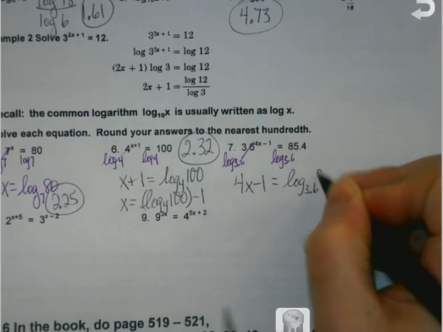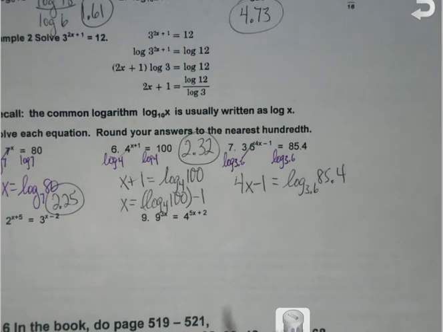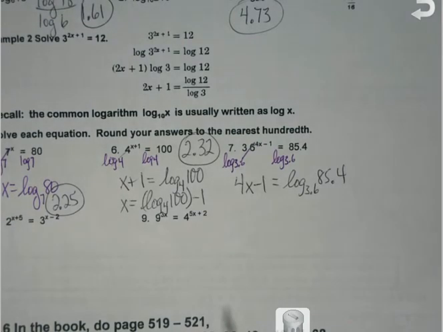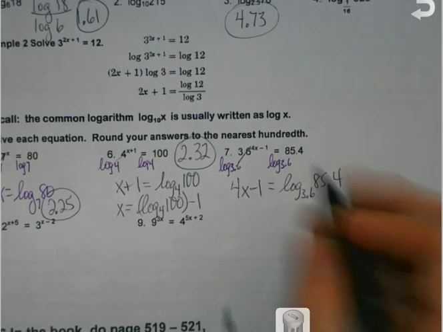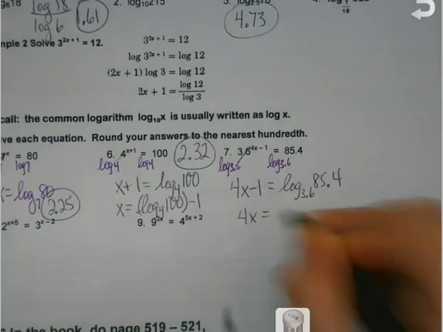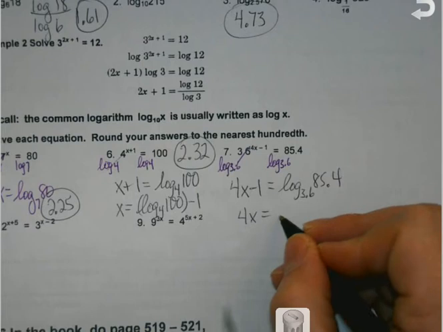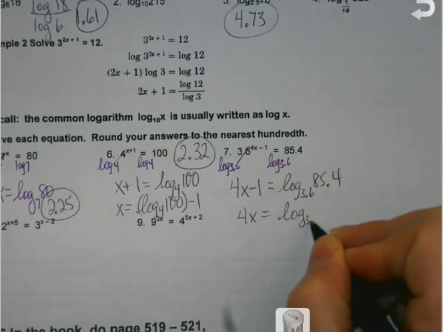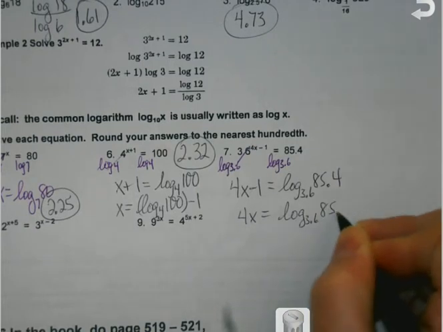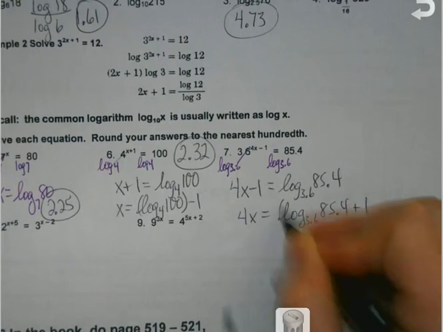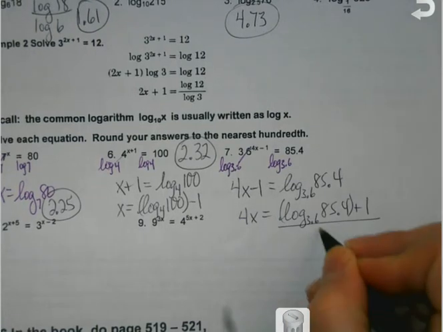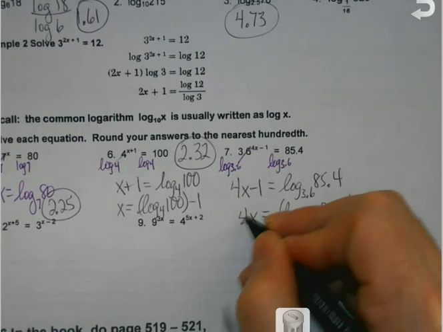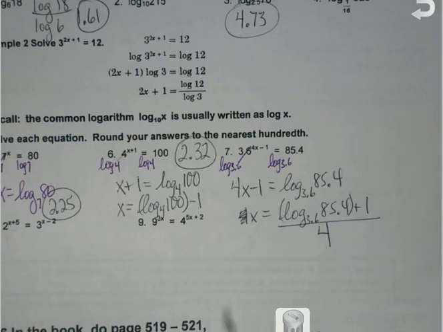Not so much ooh that there's decimals, but ooh, let's do all the other stuff before we get into all of this fancy business. So I'm going to add my 1 over. I'm going to try and save room because we're going to need it for 8 and 9 here. I'm just going to warn you. And then I'm going to divide by 4 to get my x.